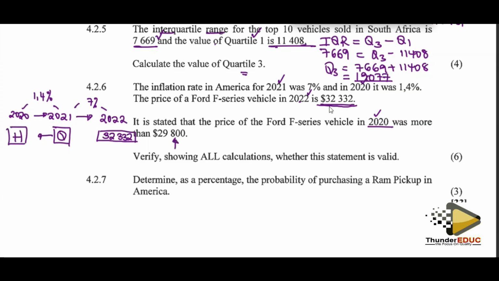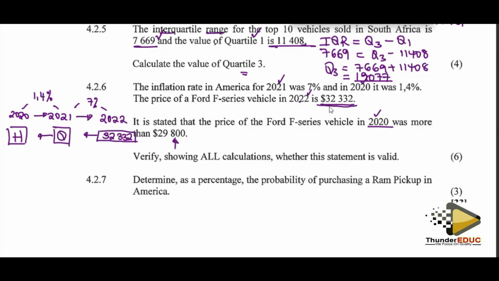So how are we going to do this? Remember, inflation, prices increase. So what we're going to do is to determine the original. We work backwards. We are going to determine which amount was increased by 7% to give us this much. Having got it, again, we ask ourselves which amount was increased by 1.4% to give us this amount here.